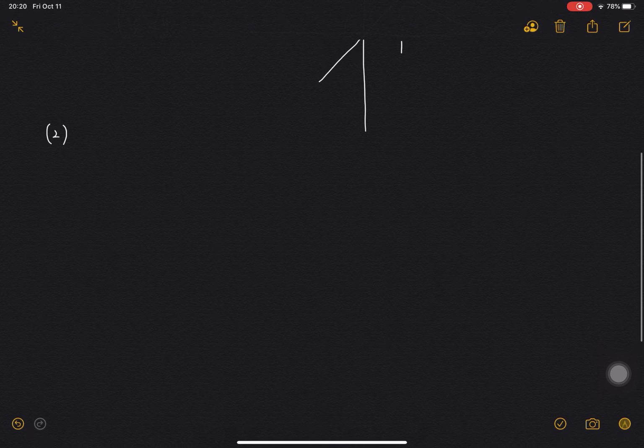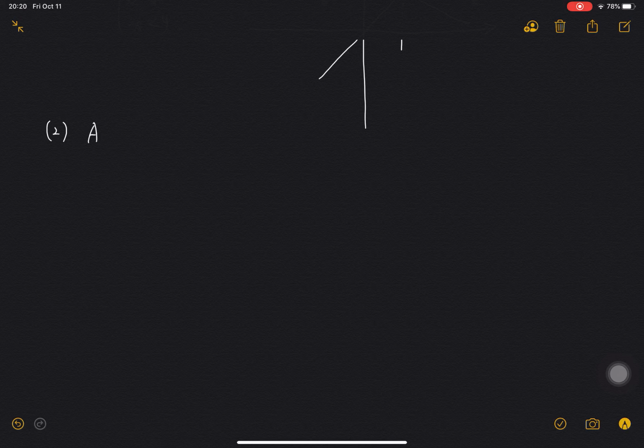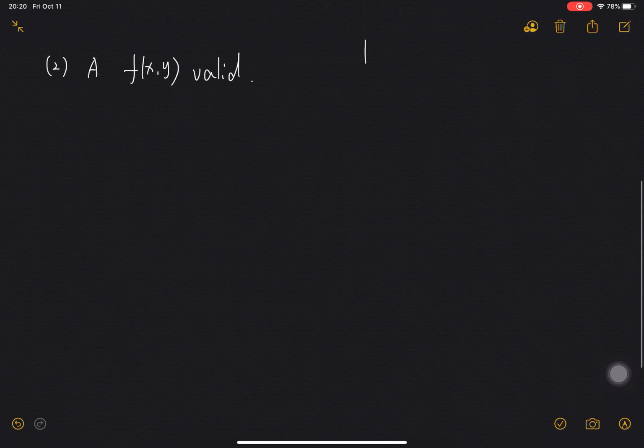The second question asked us to find a so that the joint density function is valid, right? So we can go to the definition of a valid joint density function, which is like this. We take the integral over y and x.